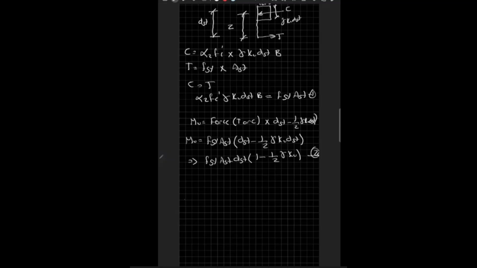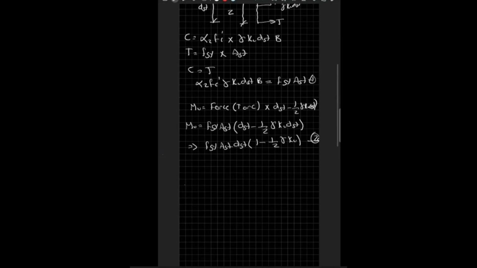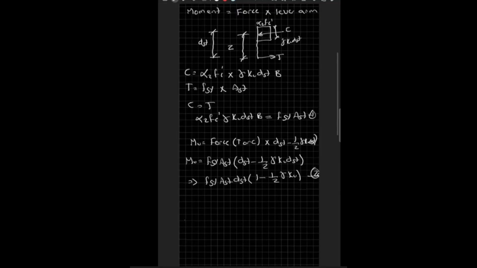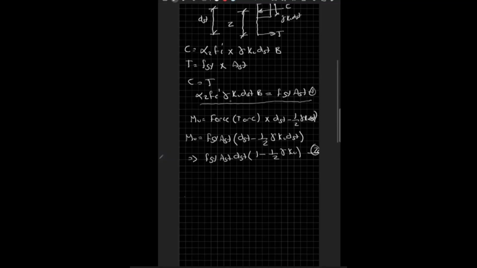Right, do we know gamma ku? We can figure it out, but we can also go back to equation 1, which is that one here, when we equated the compression and the tension together. So we can work out gamma ku from equation 1.